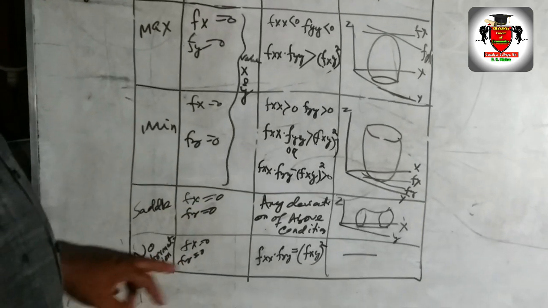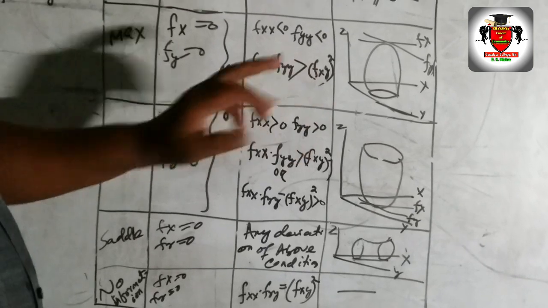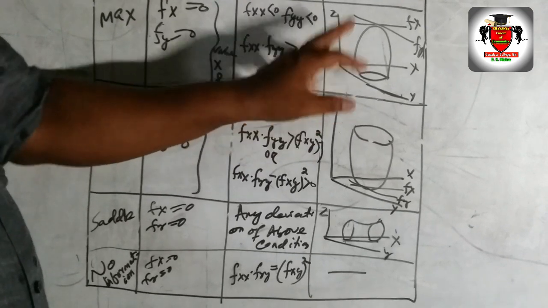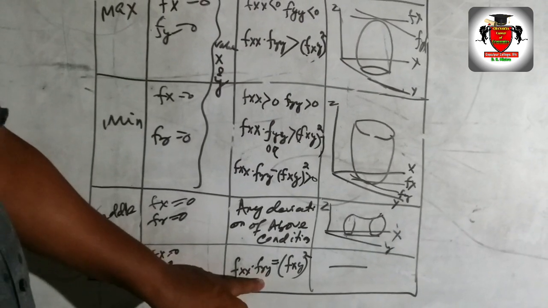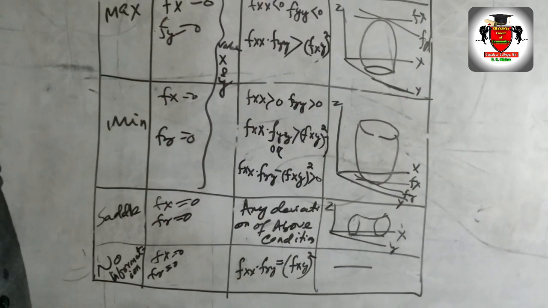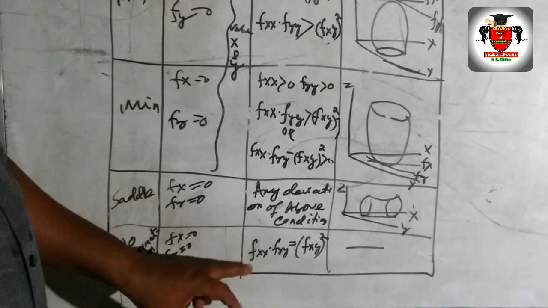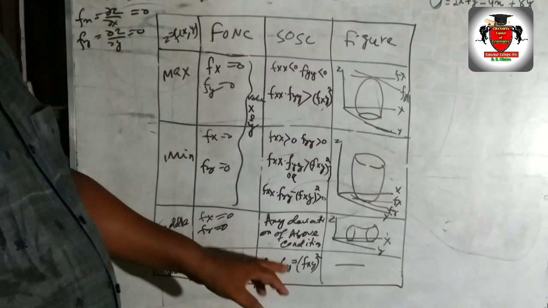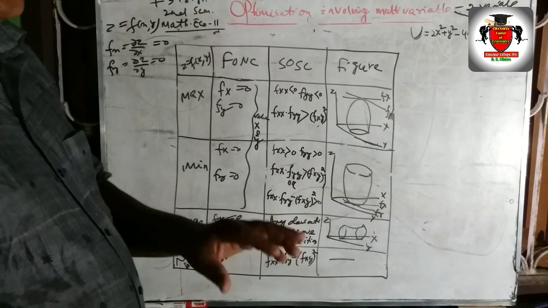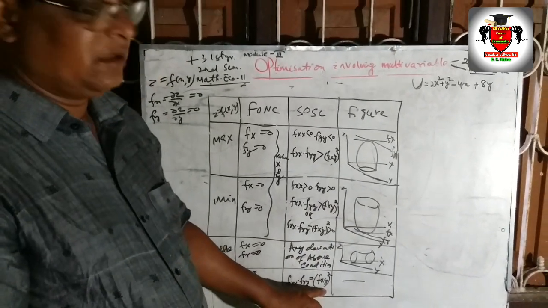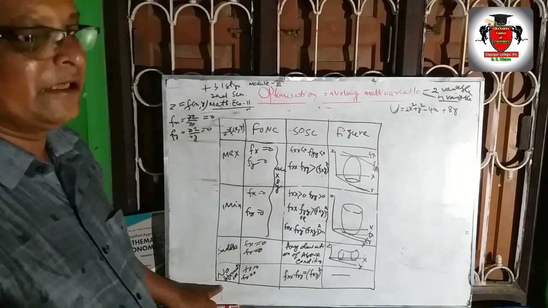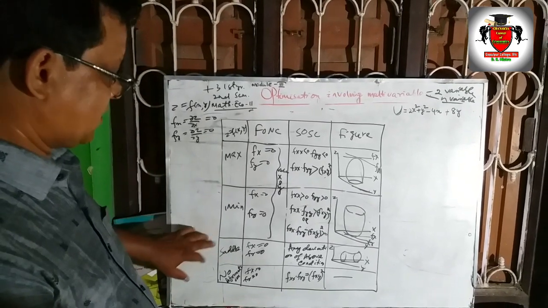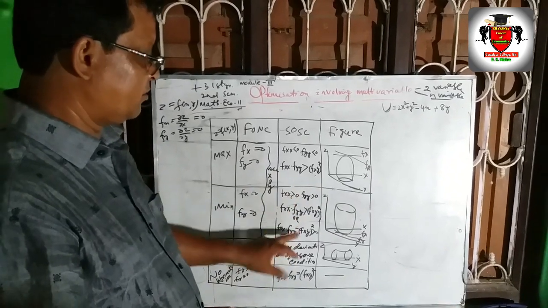But the most important thing is that fxx and fyy should be greater than 0, and fxx times fyy should be greater than fxy squared. But if fxx times fyy equals fyx squared, that is, the product of the direct second-order partial derivatives of x and y is equal to the square of the cross derivative, then the equality gives no information whether it is a maximum, minimum or saddle. We cannot say.